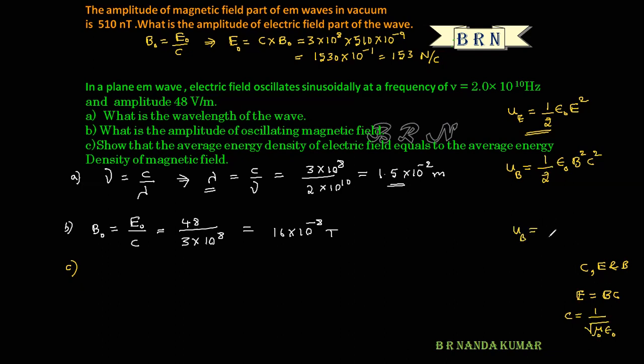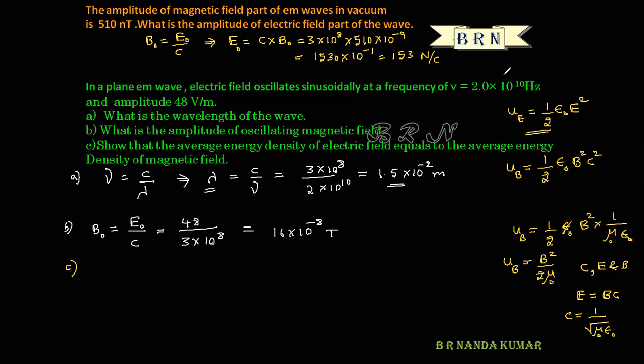So half epsilon naught B square, and C square is 1 divided by mu naught epsilon naught. The epsilon naught cancels. The energy density of the magnetic field is B square divided by 2 mu naught.